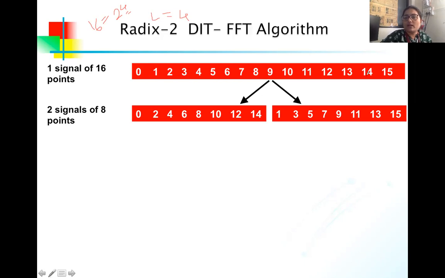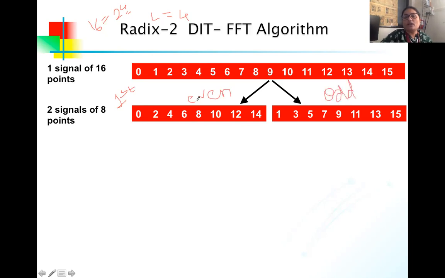So this is the entire sequence. Now we will divide this complete sequence into even numbers and odd numbers. This is the first stage of computation, where we have divided the sequence into an even number sequence and an odd number sequence.